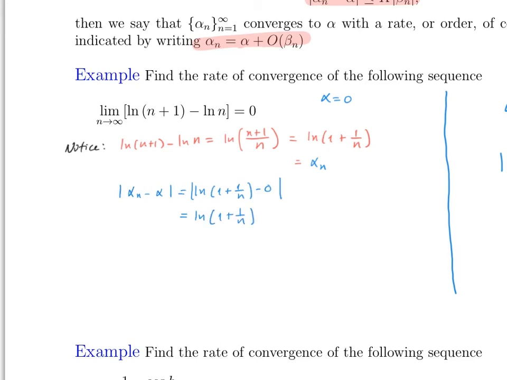Now, this is the part where you need an identity, and if you don't remember this or you haven't seen this before, well, this is your lucky day. You will see it right now. So recall that ln of 1 plus x is less than or equal to the absolute value of x for x between 0 and 1. So this is not always true. It's only true between 0 and 1.